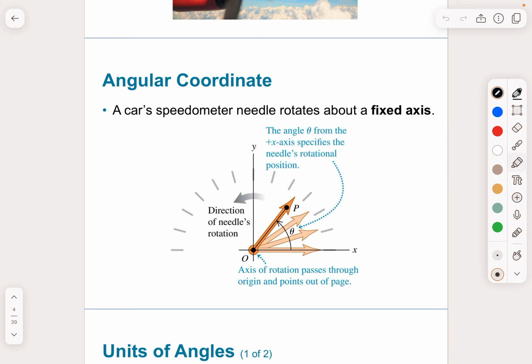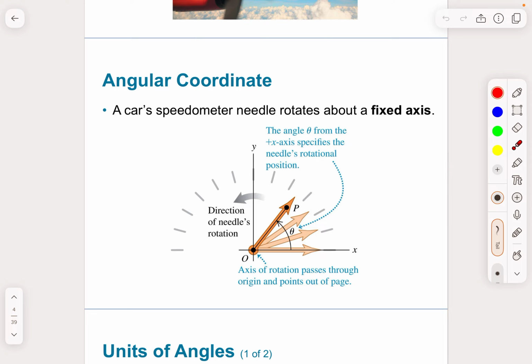When you have an XY coordinate system, your object can move. So when we're dealing with rotational motion, we're going to need a coordinate system, and the coordinate system is going to be an XY plane. But now we're going to look at how the object moves in the XY coordinate when it's rotating, okay?